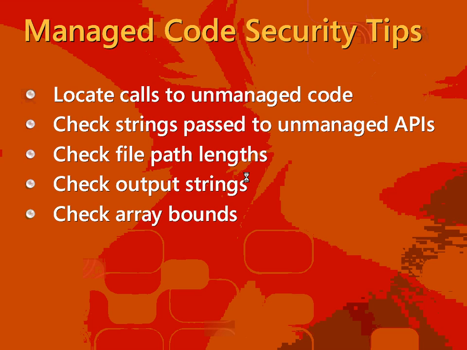There are some security tips we'll provide for managed code, which involve locating calls to the unmanaged and native components that will be used by the application itself, as well as checking strings that are passed into unmanaged APIs. As I mentioned, it is possible to call into code and send the wrong values in, or to send values in that result in a native buffer overrun. And this can also happen with file path lengths and output values as well as array bounds.